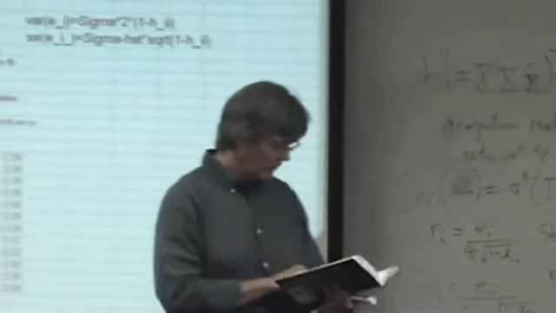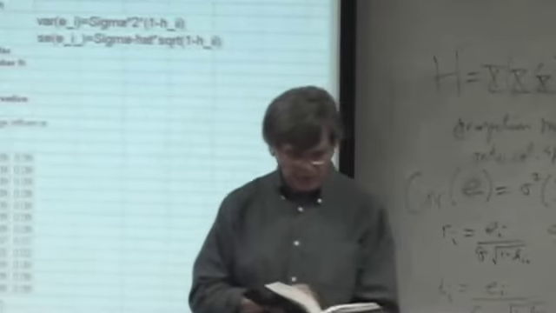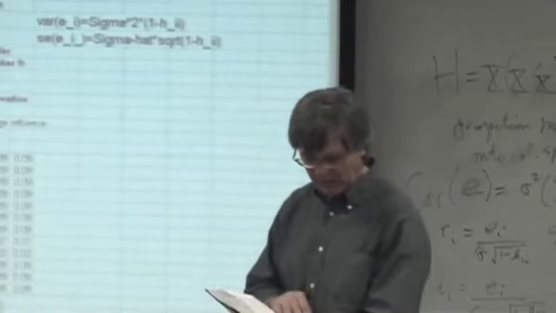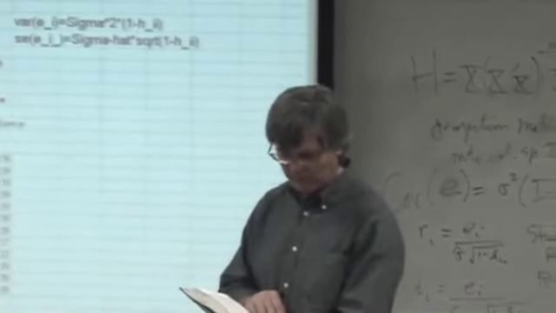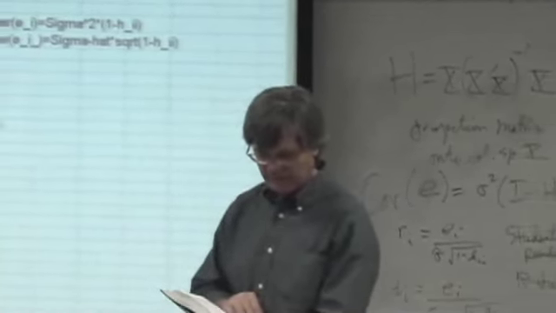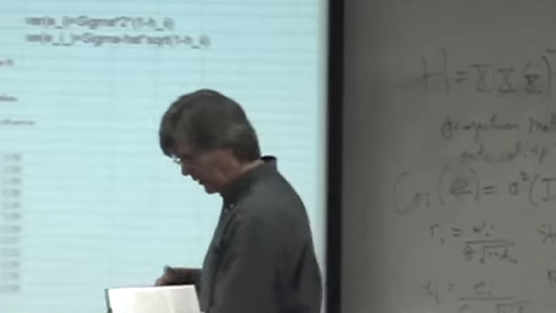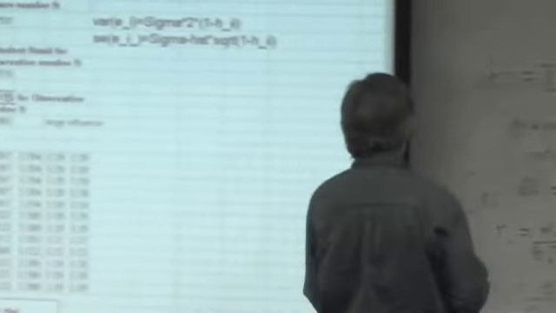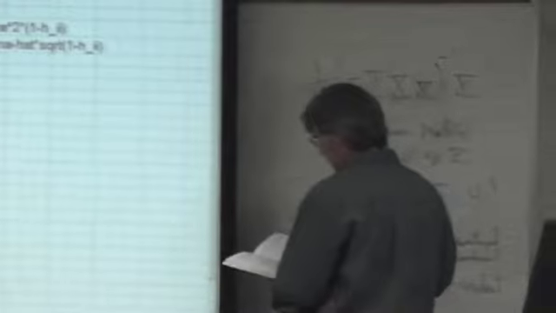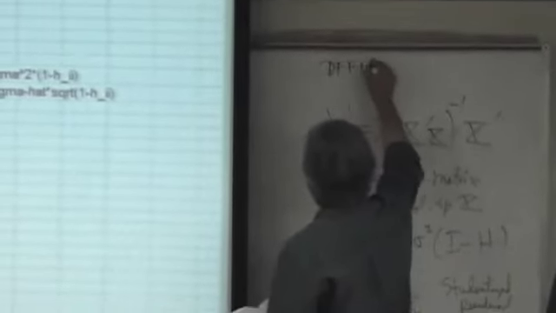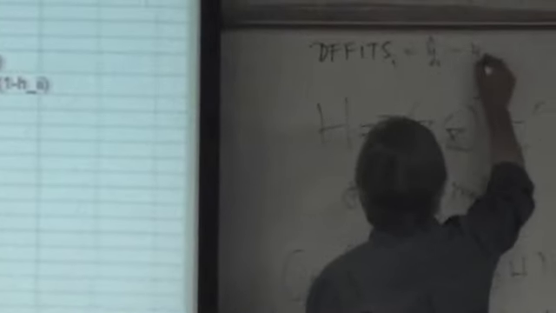This number is the number of standard deviations that the fitted value y_i hat changes if observation y_i is removed. So the fitted value just changes a lot. That's why DFFITS_i equals y_i hat minus y hat delete i.